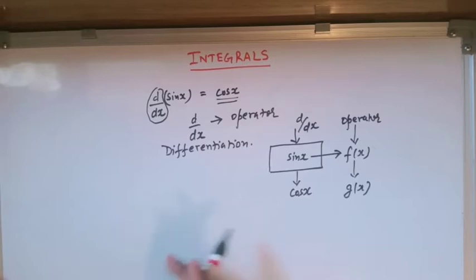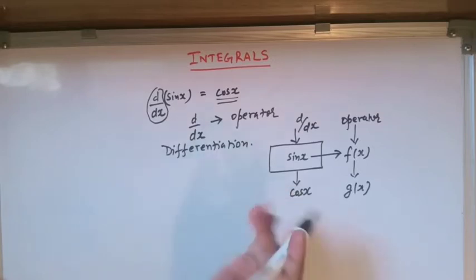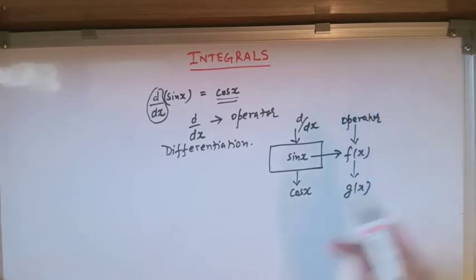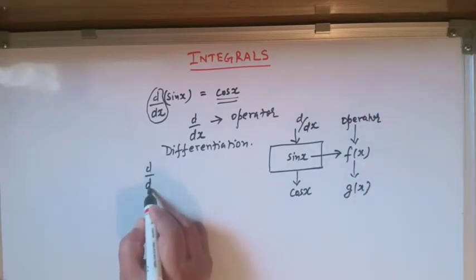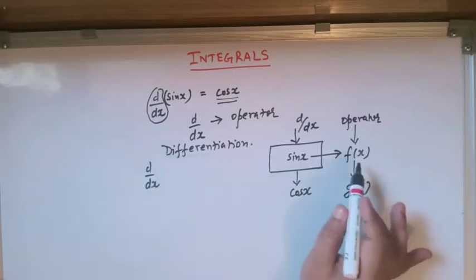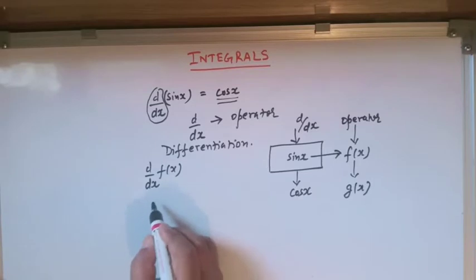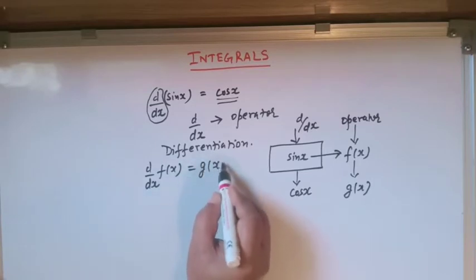Now if we write this step in the notational form, then we have d by dx of f of x is equal to g of x.